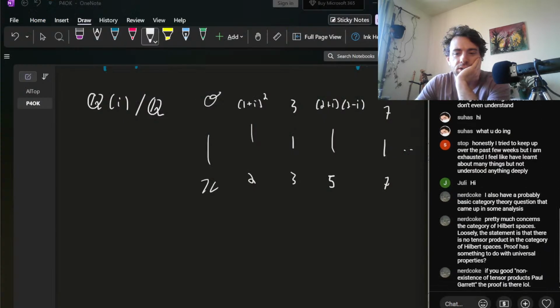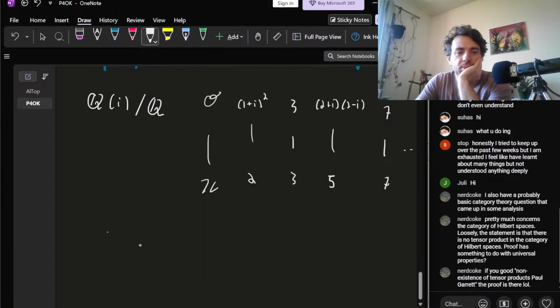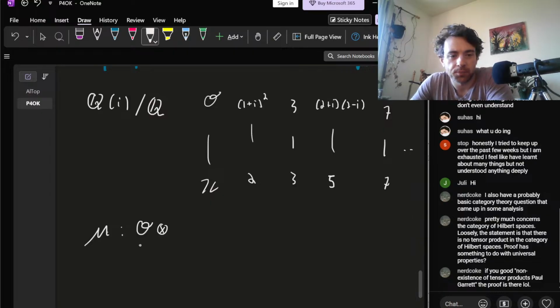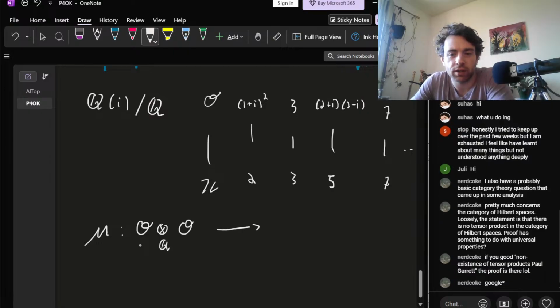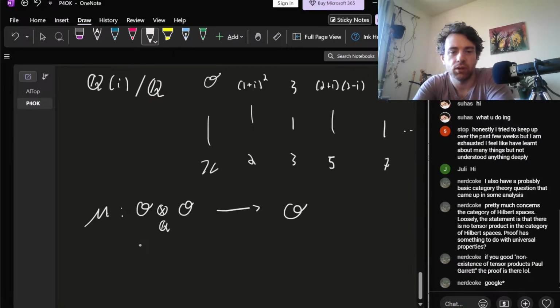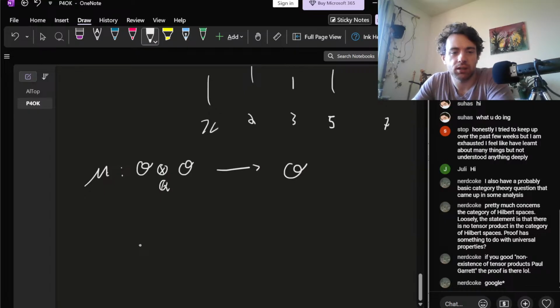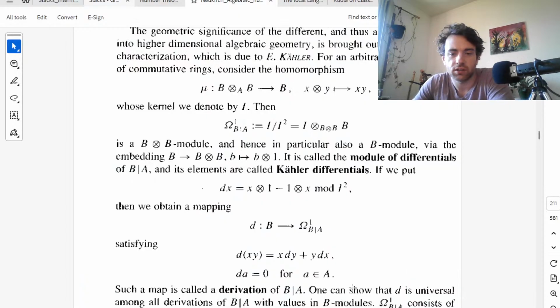Where'd chat go? So we've got our map. Mu will go, in this case, I guess our B is O, and we're tensoring over Q, and we're going down into O, and we're taking X tensor Y and mapping it to X times Y. Is that right?